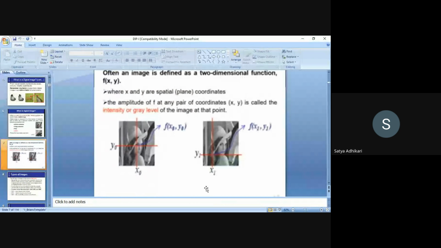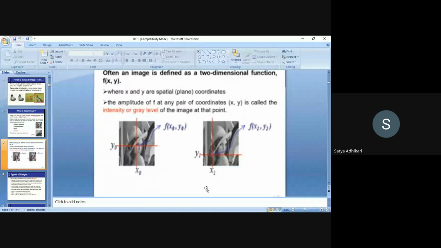In the first picture, there is an x-axis and y-axis, and suppose the intersection point is x0 y0.